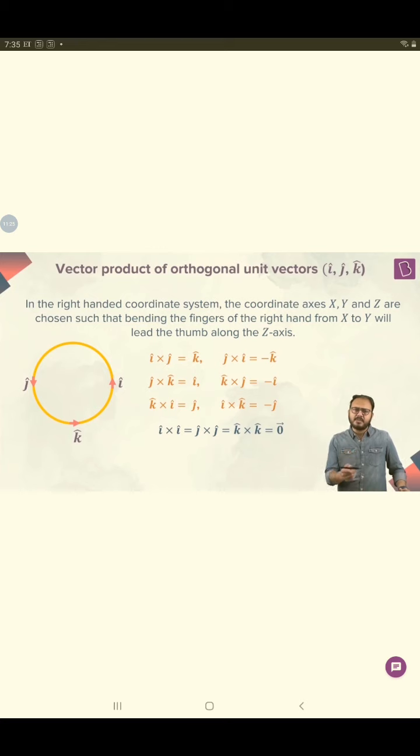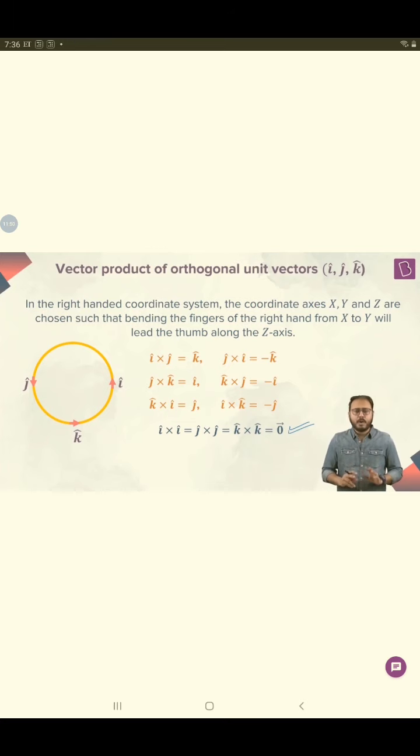Let's do the same thing for cross product. First of all, obviously, what is i cross i? What happens when a unit vector gets crossed with itself? Mod i, what's the angle? 0. Sin 0 is 0. So first of all, this is done. Any unit vector crossed with itself gives you 0, right?